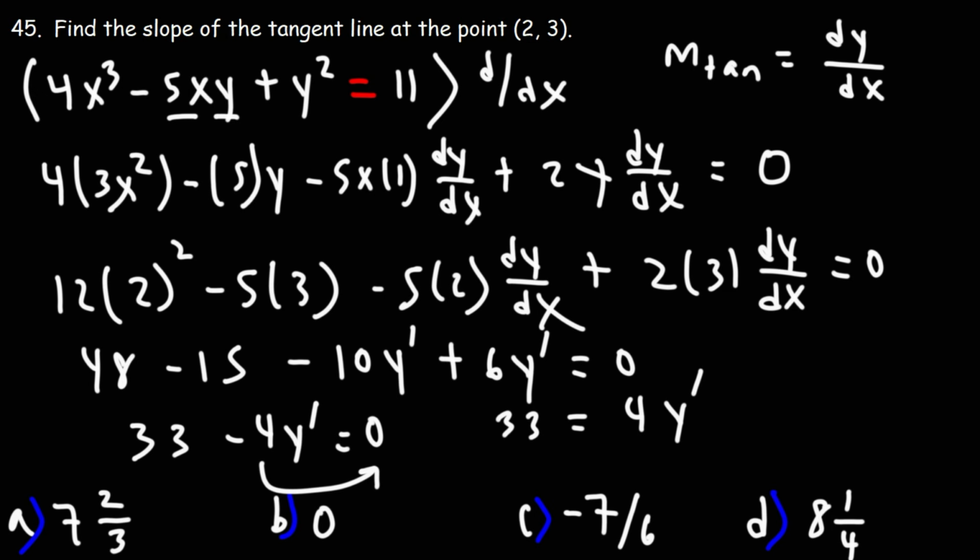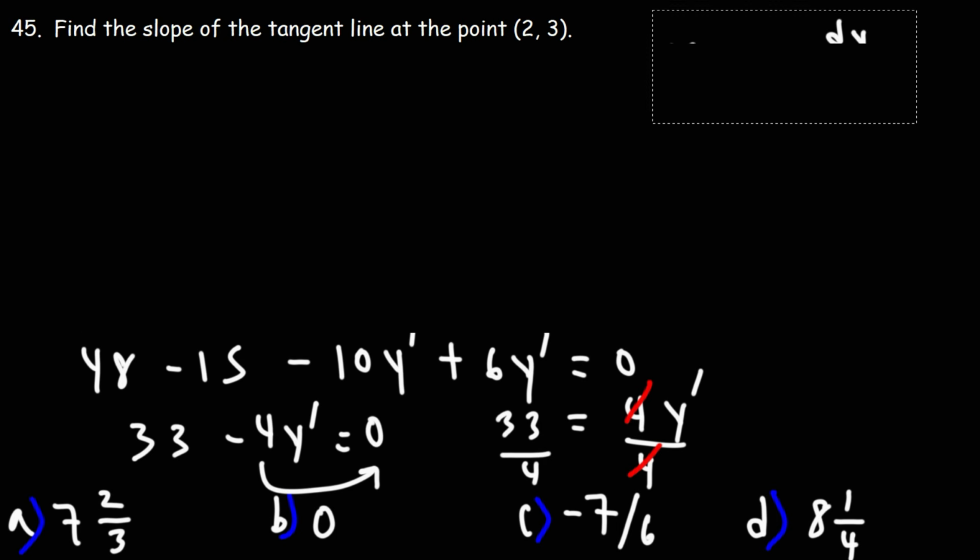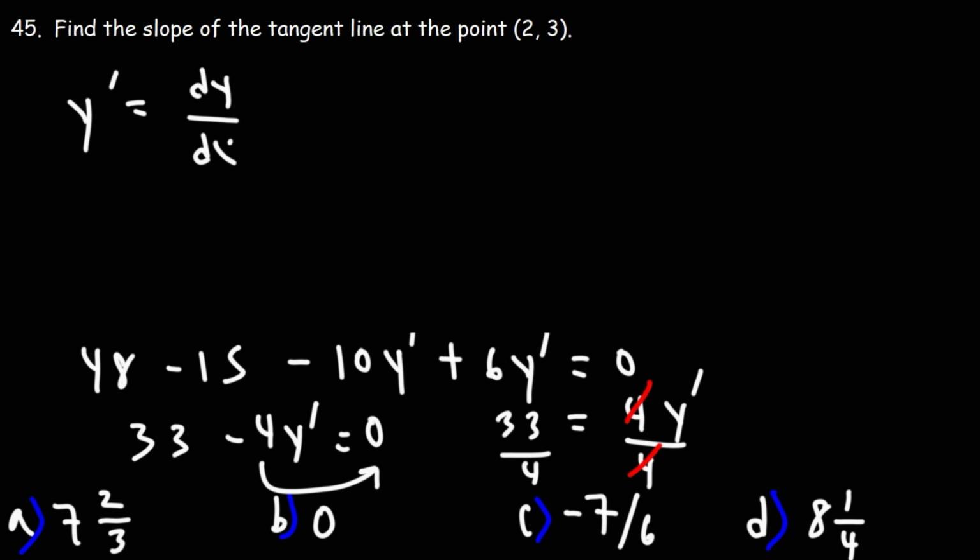And then I'm going to divide both sides by 4. So y prime, which is the same as dy/dx, is equal to 33 over 4.